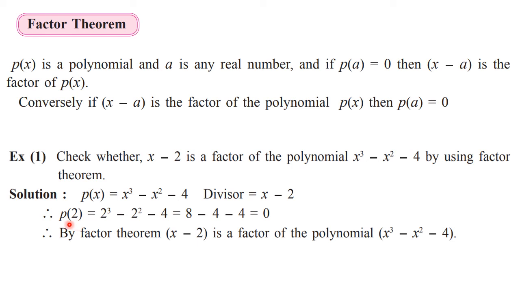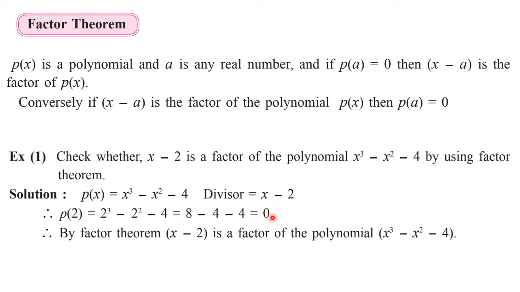That means we are finding remainder by using remainder theorem here. So 2 cube minus 2 square minus 4. So 2 cube is 8 here. 2 square is 4. So you will find here minus 4 and minus 4 is minus 8. 8 minus 8 is 0.